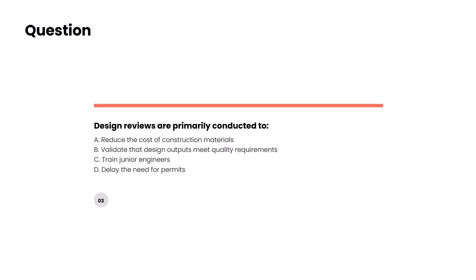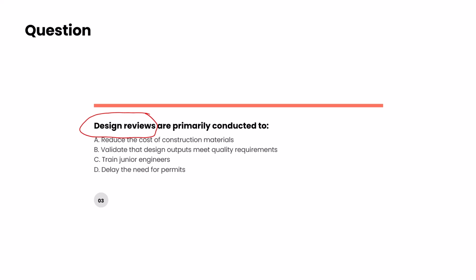Moving to question number 3, which is: design reviews are primarily conducted to. Here we are looking at design review. What do design reviews do? Choice A is reduce the cost of construction material. Yeah, maybe if we do a design review, that might lead to a reduction in the cost of construction material.